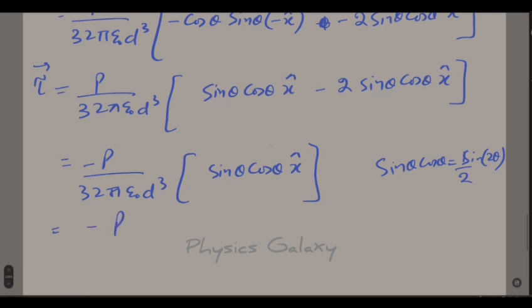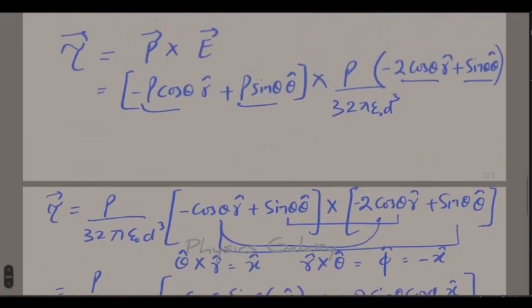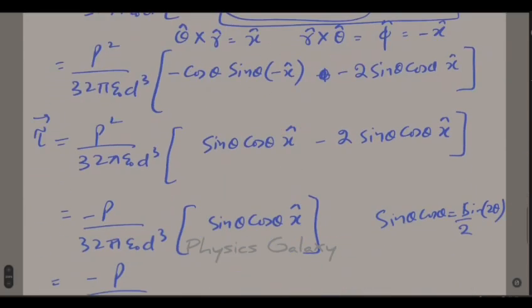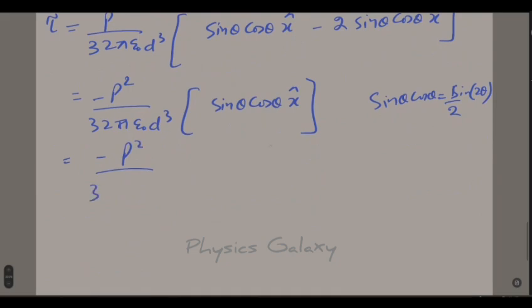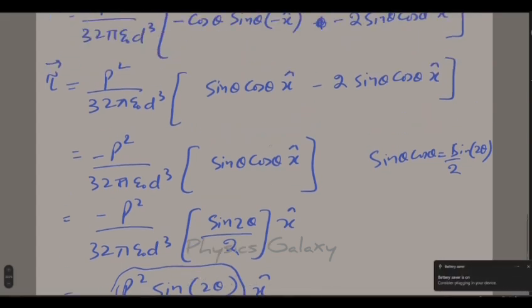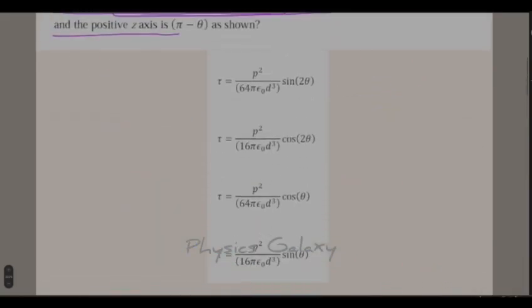So I can write, it was P squared, because here it's P and P, P squared divided by 32 pi epsilon naught d cube, and sin 2 theta divided by 2, in the direction of minus x cap. So P squared sin 2 theta divided by 64 pi epsilon naught d cube. But because we had to find only the magnitude, it is simply P squared sin 2 theta divided by 64 pi epsilon naught d cube, which is our option number first.